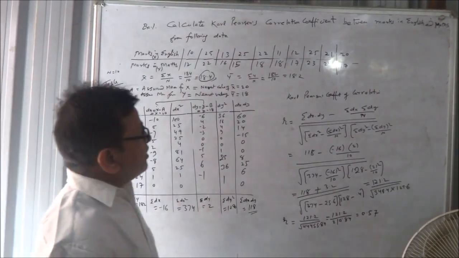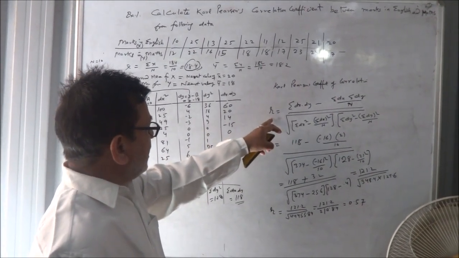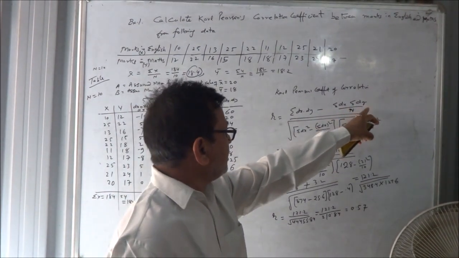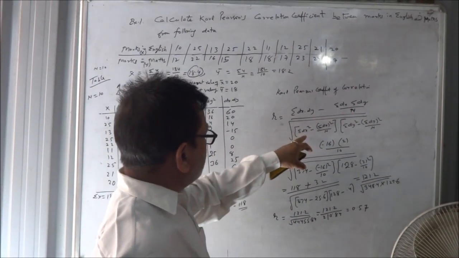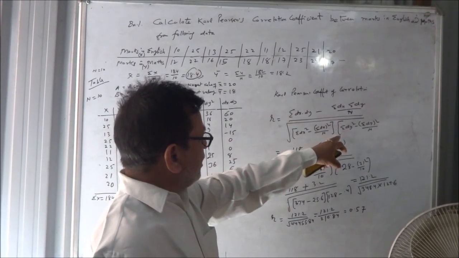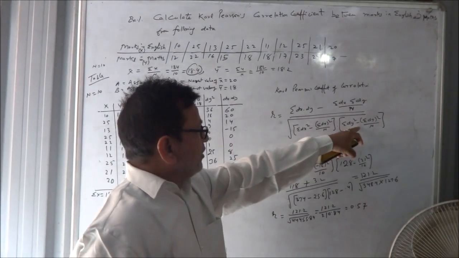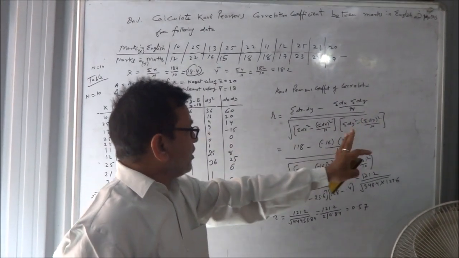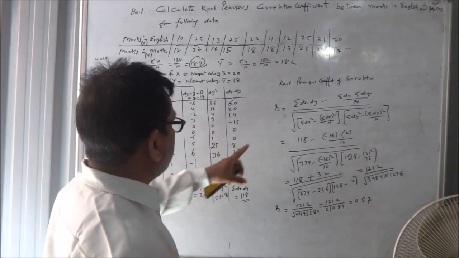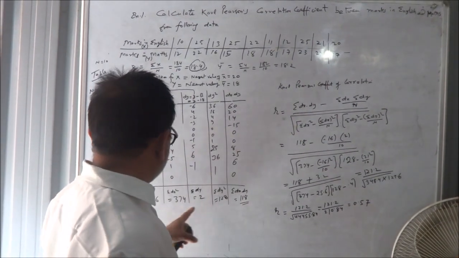So now the Karl Pearson coefficient of correlation. This formula is to be applied: r equals summation dx into dy minus summation dx into summation dy upon n, under root of summation dx square minus summation dx whole square upon n, into bracket starts summation dy square minus summation dy whole square upon n. n is the total number of observations, which is 10, and we have calculated all these values: dx into dy, dx square, dy square.